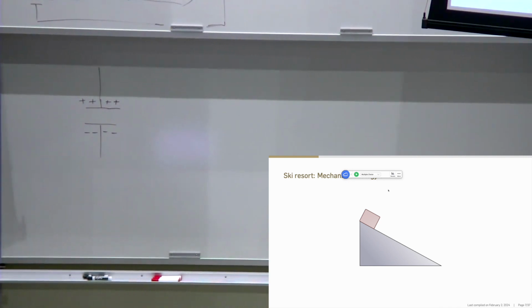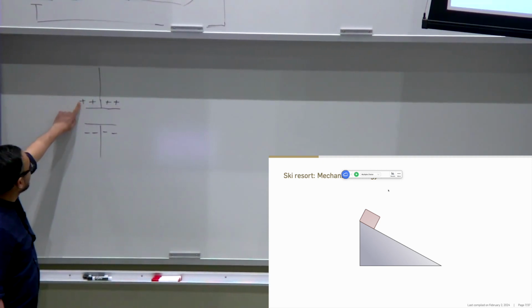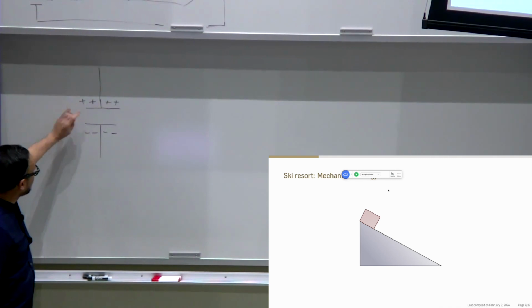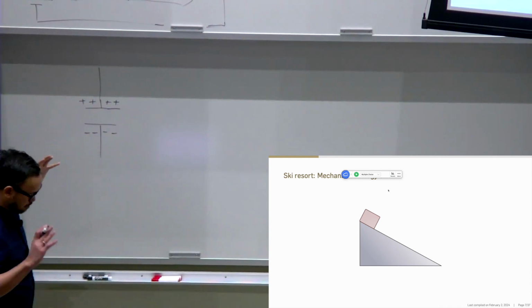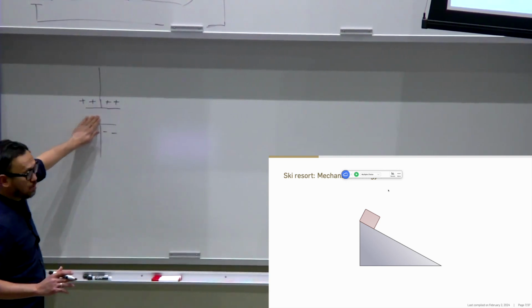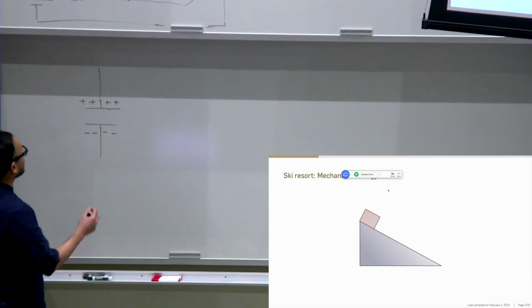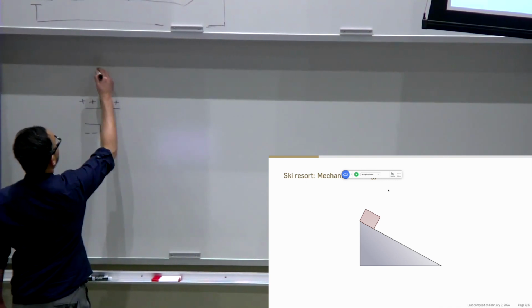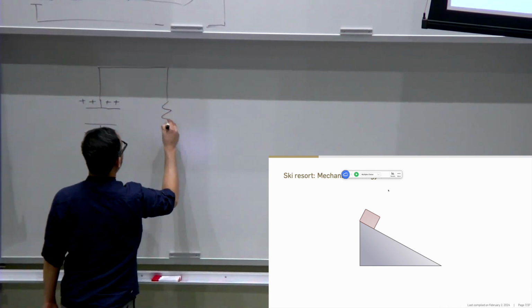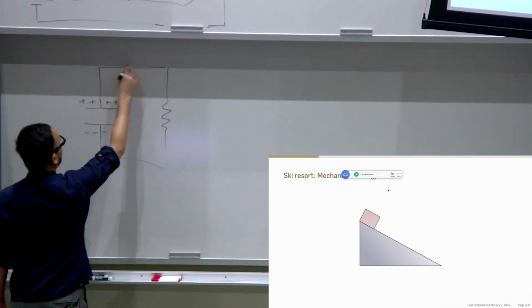So there are 2 charges, positive and negative, and they're attracted toward each other, right? But because there is vacuum, these 2 charges cannot move beyond the plates. But in an electric circuit, let's say we have a resistor here, which we will discuss. This positive charge can move.